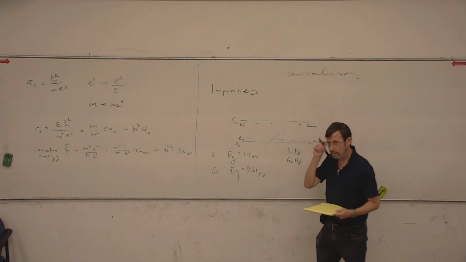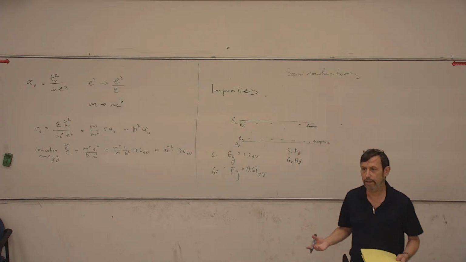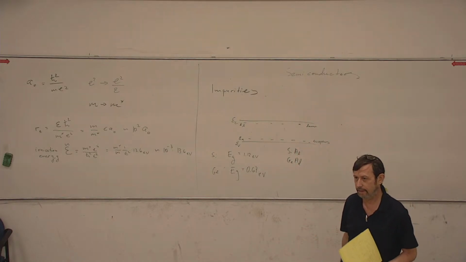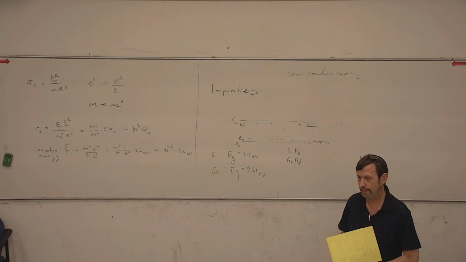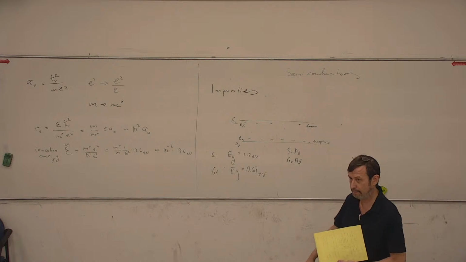So aluminium is a typical impurity that has 3 electrons, therefore it's an acceptor.